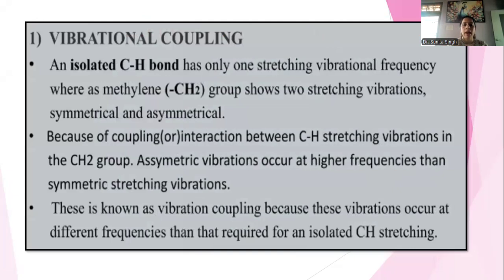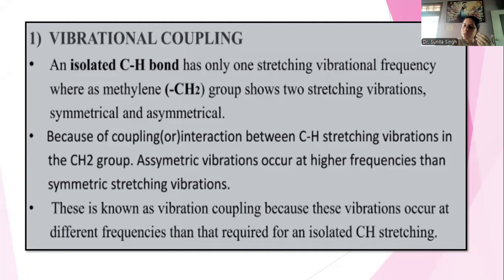Vibrational coupling. If we have an isolated CH bond, I'm taking an example, it has only one stretching vibration frequency, whereas the methylene group shows two stretching frequencies, symmetrical and asymmetrical. This is because of coupling or interaction between CH stretching vibrations in the CH2 group, and it is also found that this type of coupling affects the vibration frequency, and the asymmetric vibrations always occur at higher frequency.